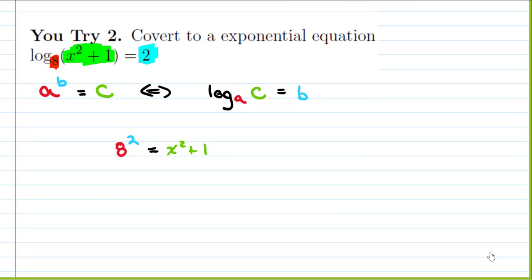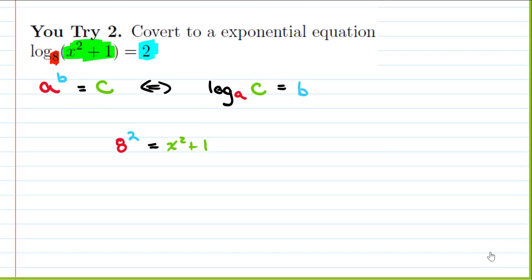In this example, our variable x was trapped inside the logarithm. But when we rewrote it in exponential form, we would now be able to solve this equation for x. The x is no longer trapped in a logarithm, and we would be able to continue to resolve using any of the techniques that we have done before.